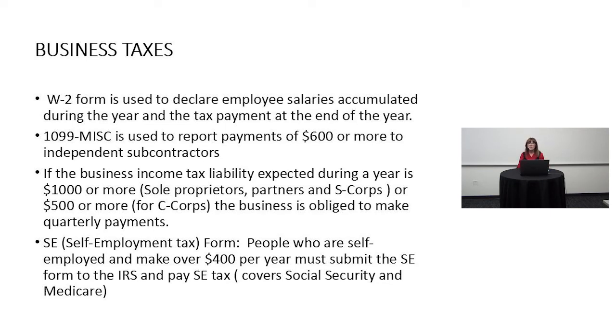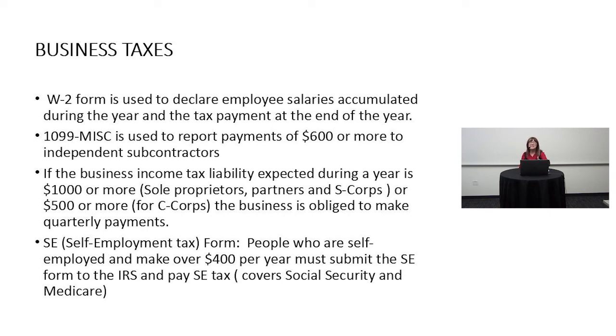You will have to pay quarterly if you expect to owe the federal tax of $1,000 or more. Again, your accounting person will guide you in terms of how to set up your quarterly payments and pay them in advance.